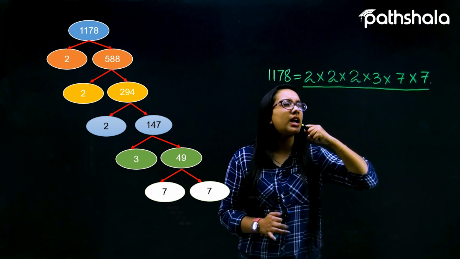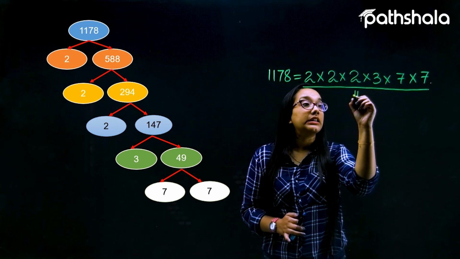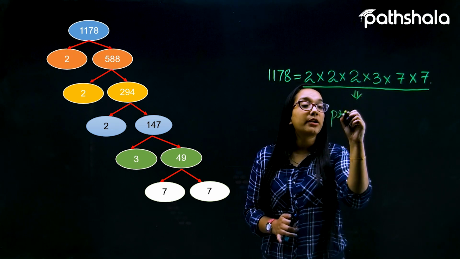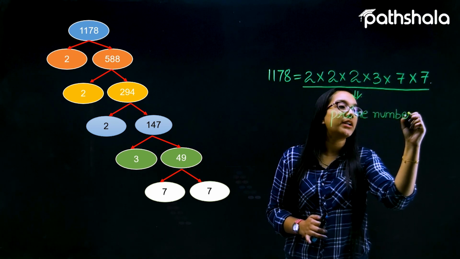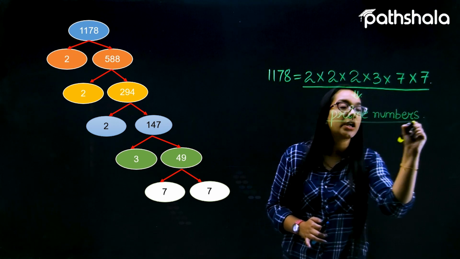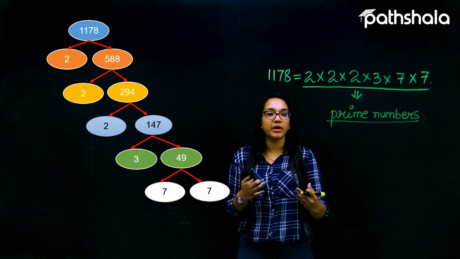What is common between all these factors is that they are prime numbers. Obviously 2 is a prime number, 3 is a prime number, 7 is a prime number.